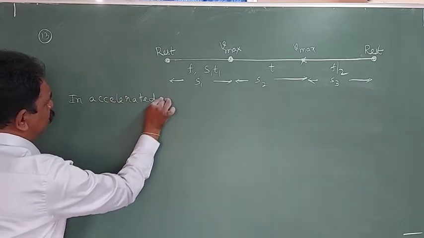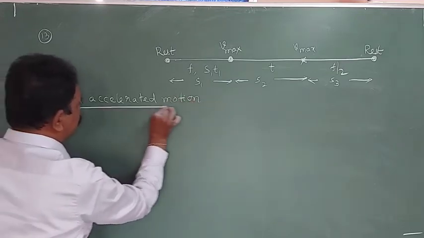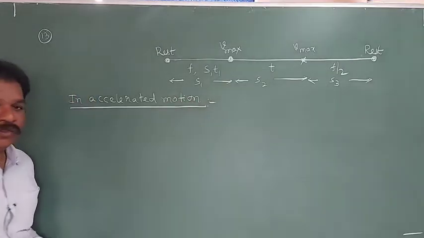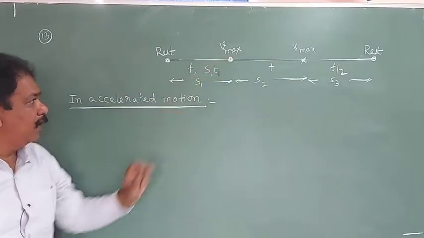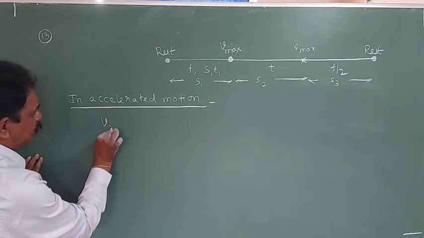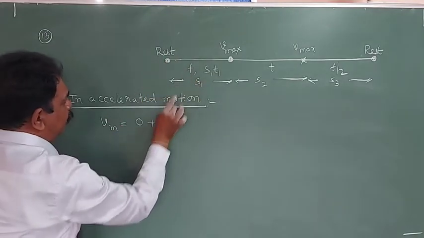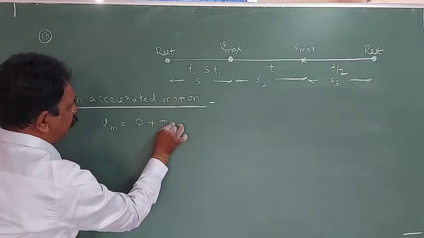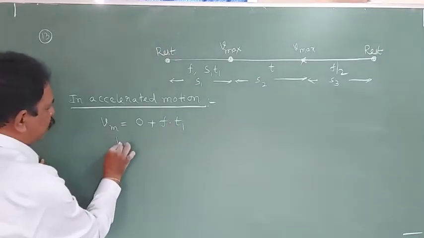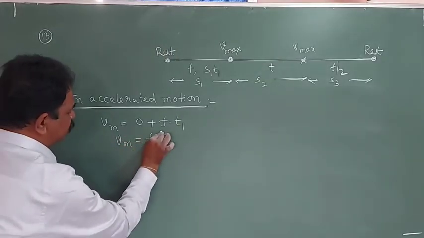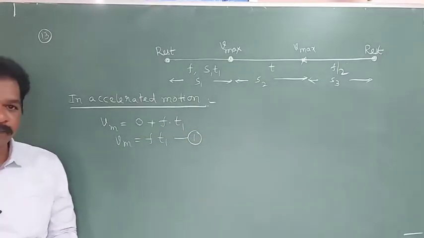In accelerated motion, we'll use v is equal to u plus at. Vm is equal to u value 0, acceleration f, time t1. Vm is equal to ft1. Let it be equation 1.